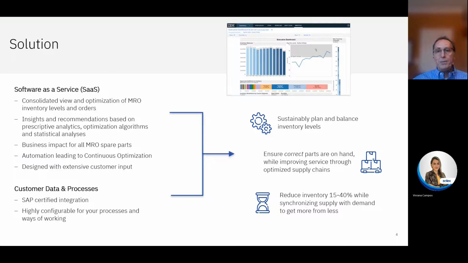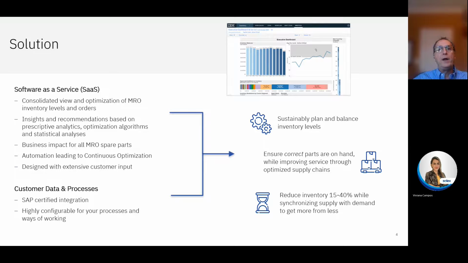We have certified SAP connectors. We have certified Maximo connectors, and we can connect to any ERP or EAM system. The solution is very highly configurable, and it works for you. And the idea here is to sustainably plan and balance your inventory levels, and always ensure you have the right part at the right time so you can perform maintenance in a safe manner.